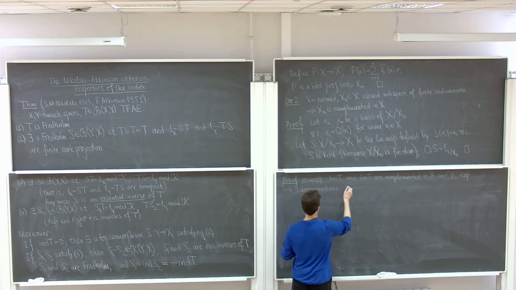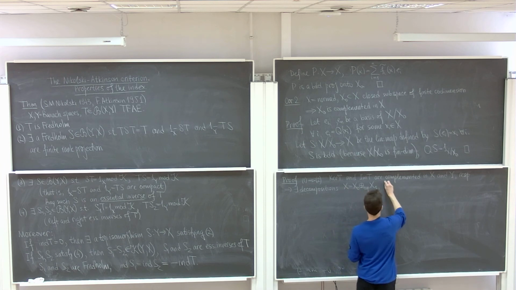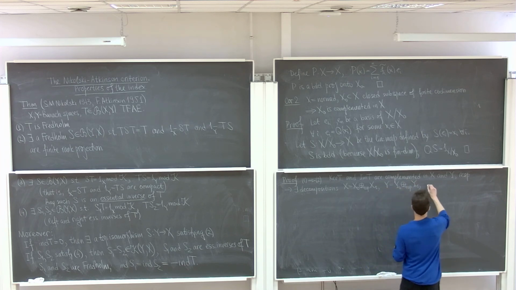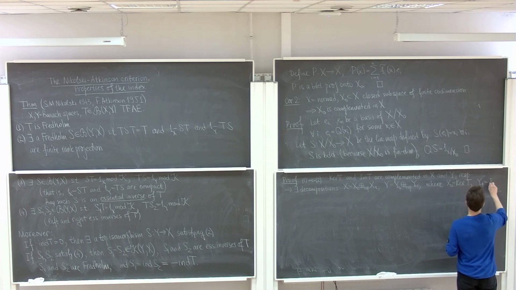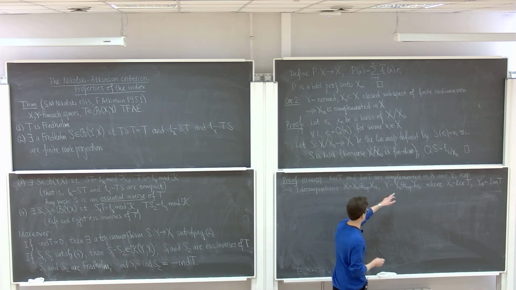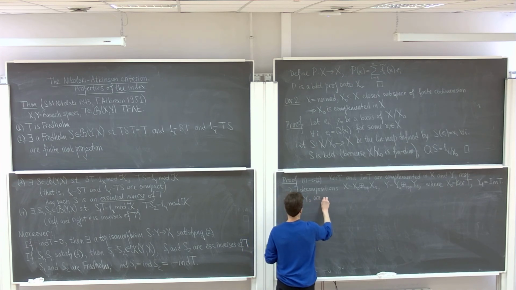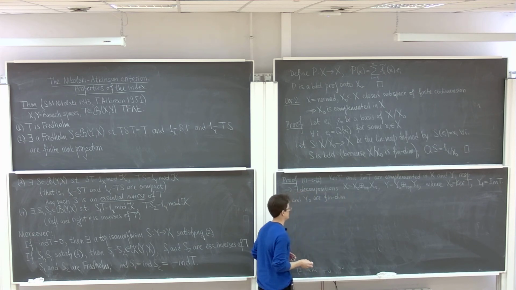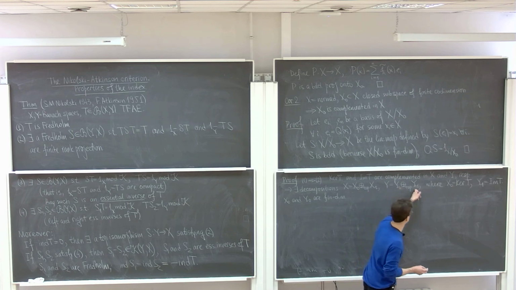X is the topological direct sum of X0 and X1, and Y is the topological direct sum of Y0 and Y1, where X0 is the kernel of T, and Y1 is the image of T. And moreover, X0 and Y0 are finite dimensional, because X0 is the kernel, and Y0 is isomorphic to the co-kernel, to the quotient of Y modulo the image.